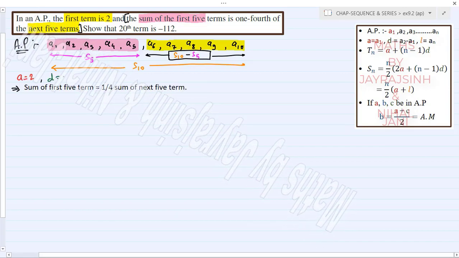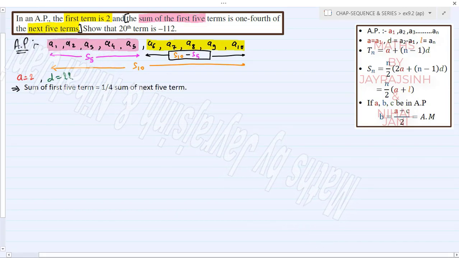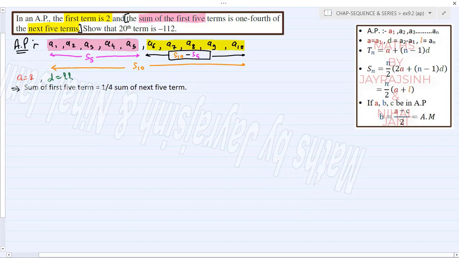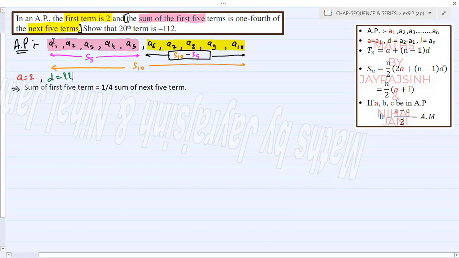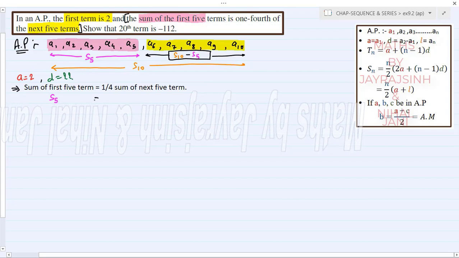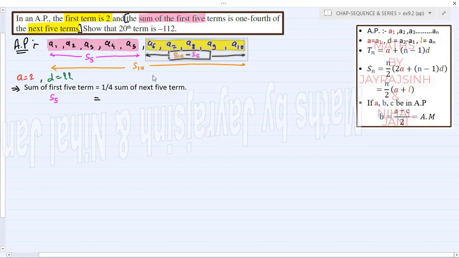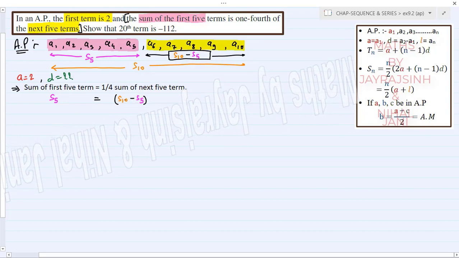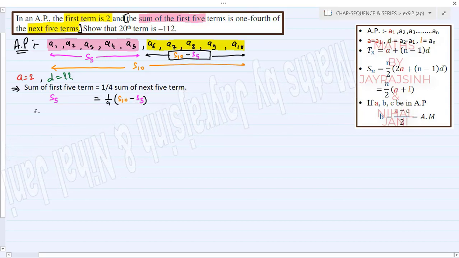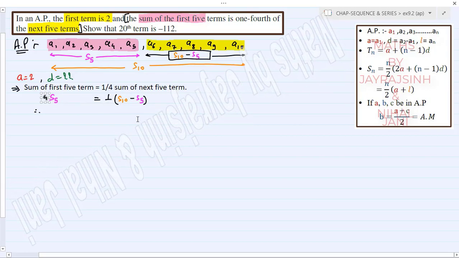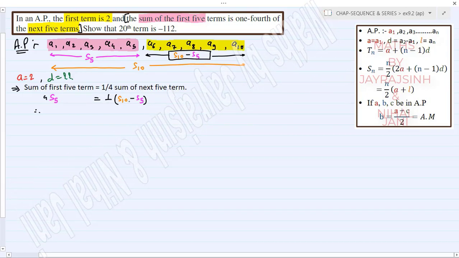So to get the unknown, which is the common difference in our AP, let's use this condition: S5 is 1/4 of (S10 minus S5).